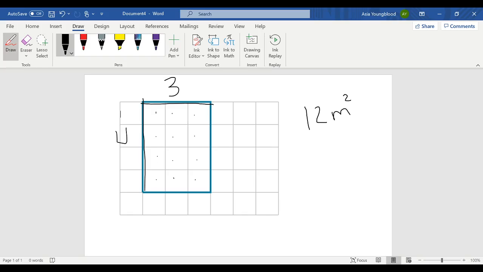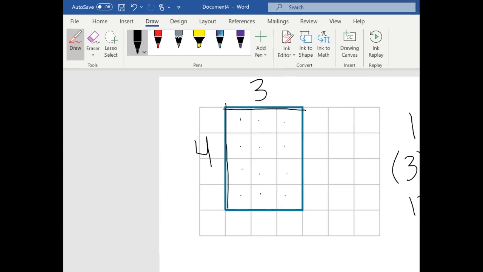So we have a 3 by 4 rectangle, so we could have also found this area by doing 3 times 4. And we'll get into that in more detail in the next practice session or practice set. So again, we found 12 by counting the 12 squares or multiplying 3 times 4 or 4 times 3. Same thing, equals 12. Okay.